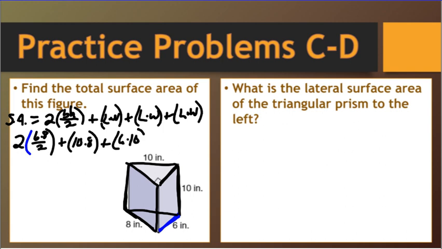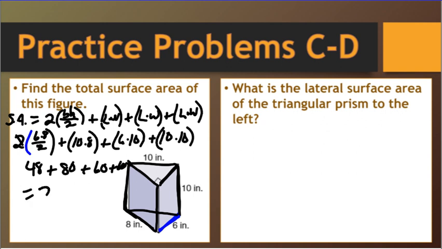And then we have the back side, which is 10 by 10. So 6 times 8 is 48, divided by 2, 24, times 2 would be 48, plus 80, plus 60, plus 100. If I add them together, I get a total of 288 square inches.